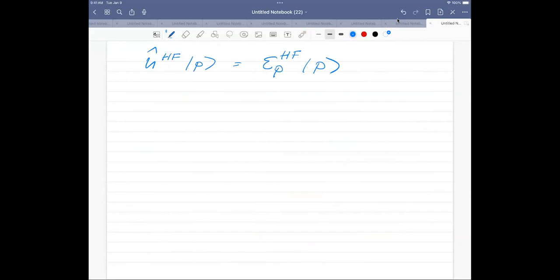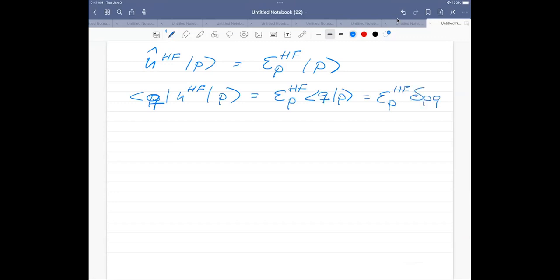So what we can do then, if we multiply with q on both sides, then we have ⟨q|H Hartree-Fock|p⟩. That is going to be epsilon_p Hartree-Fock times ⟨q|p⟩. And we have put the condition that these states are orthogonal now, so we have a delta_pq.